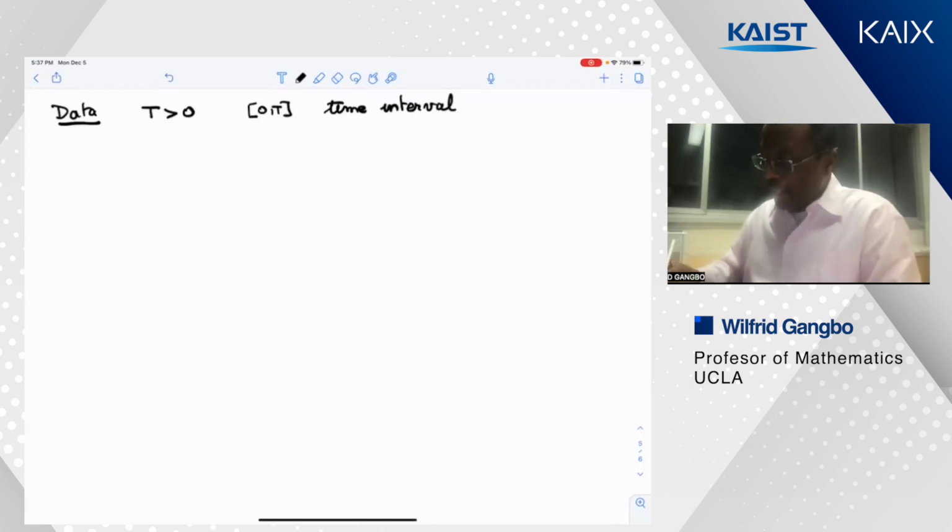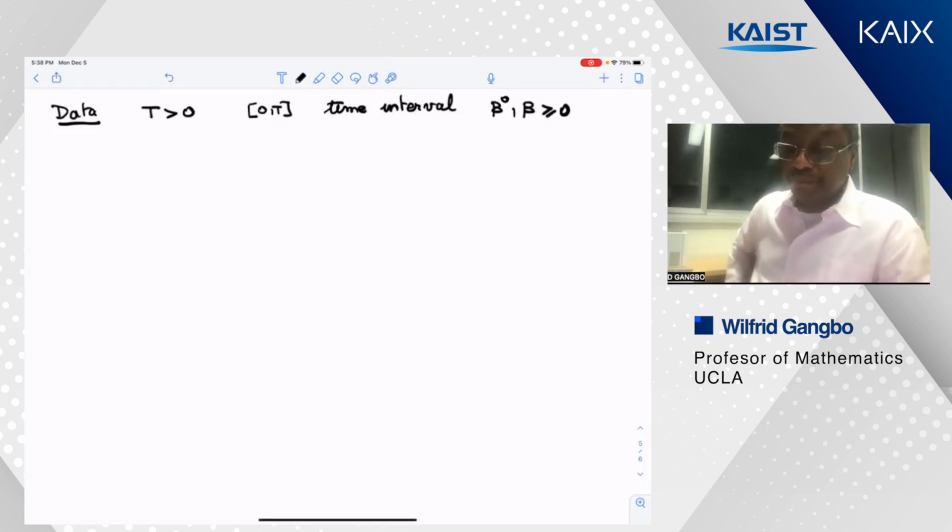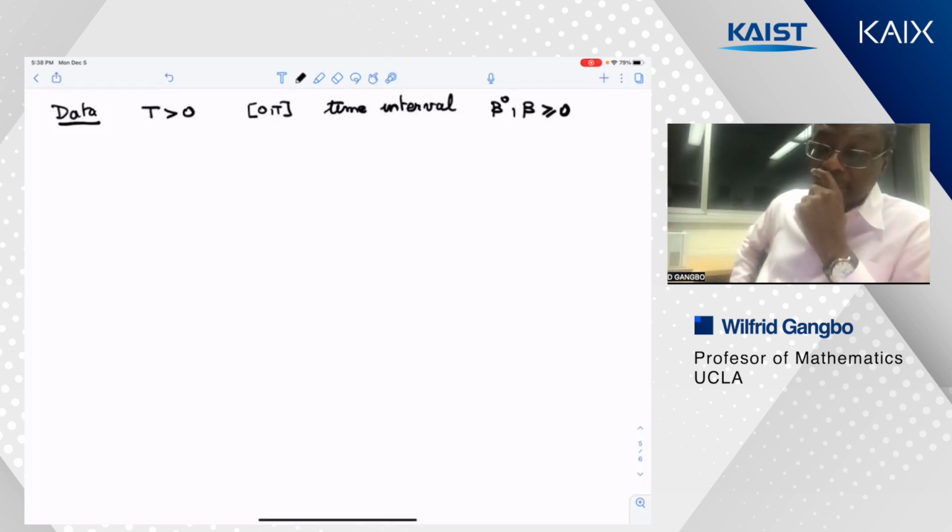And I will be given beta naught, beta greater than or equal to 0. The case beta naught equal to 0, beta equal to 0 will correspond to a deterministic game, which means that I will be dealing with a PDE which has no second order operator.